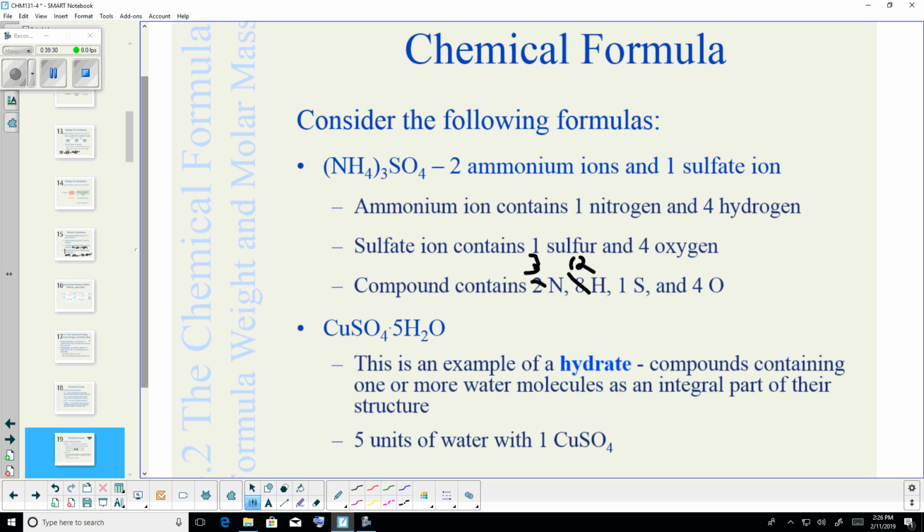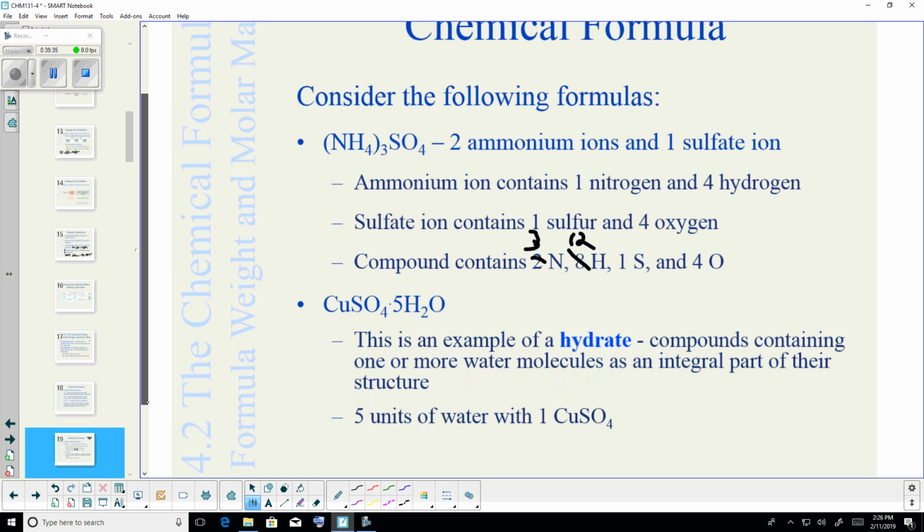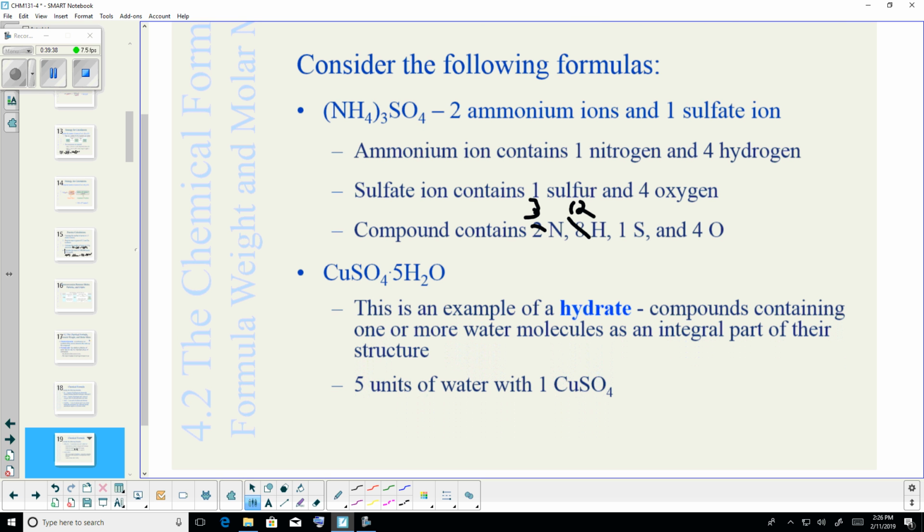Copper sulfate pentahydrate, so it's a hydrate. It contains water molecules as part of their structure. That's why they're written separately. So if you want to figure out the molar mass of this, it'd be 1 copper, 1 sulfur, 4 oxygen here, 5 oxygen here, 9 oxygen, and 10 hydrogen, 5 times 2. 5 times 1 is 5, plus the 4 here is 9.